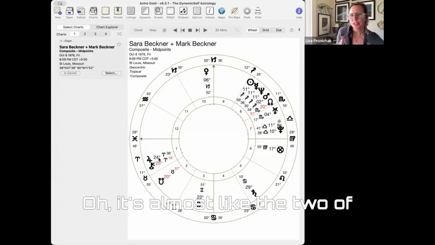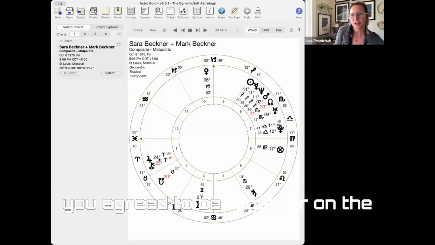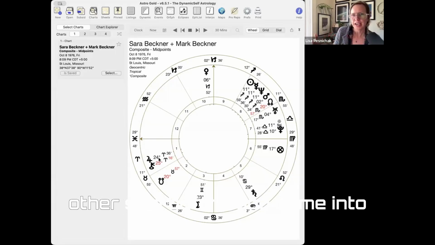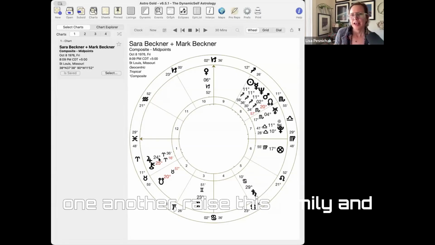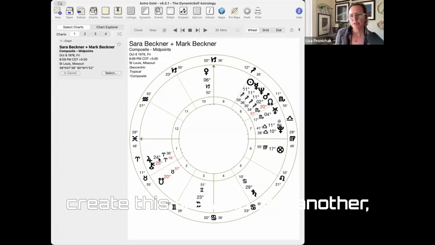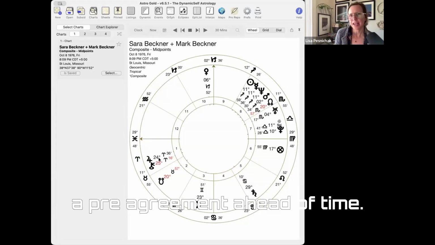It's almost like the two of you agreed to be together on the other side before you came into this lifetime together. There was a plan in place where you were going to walk hand in hand with one another, raise this family, and create this life with one another. And it just looks like there was a pre-agreement ahead of time.